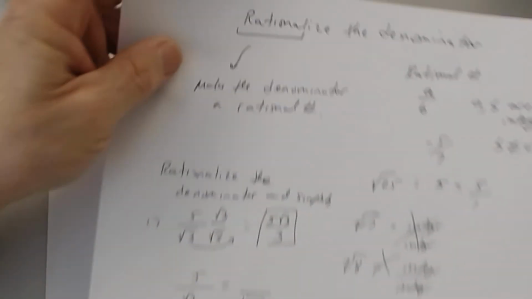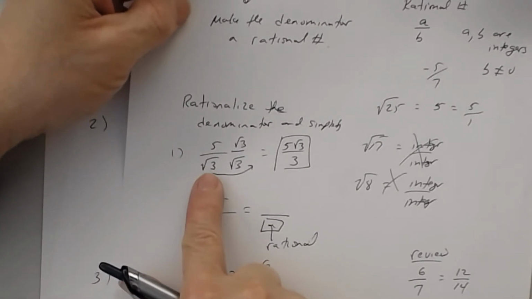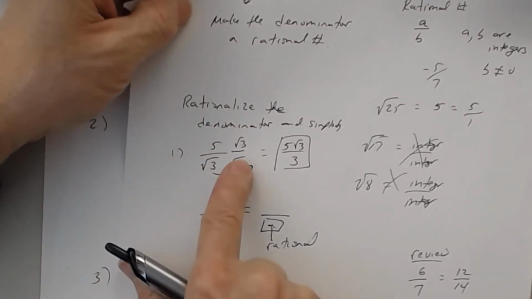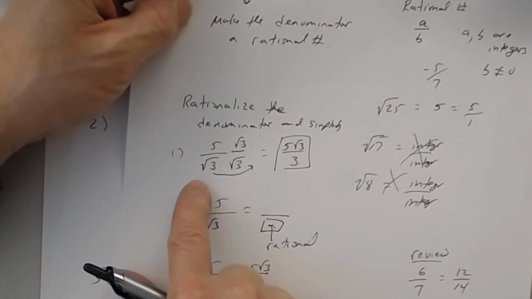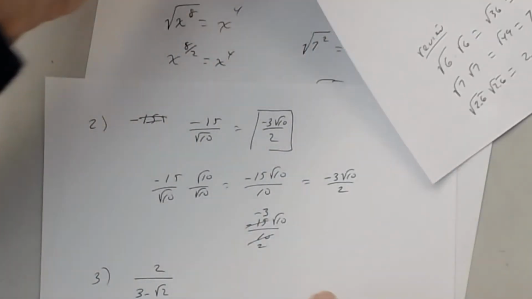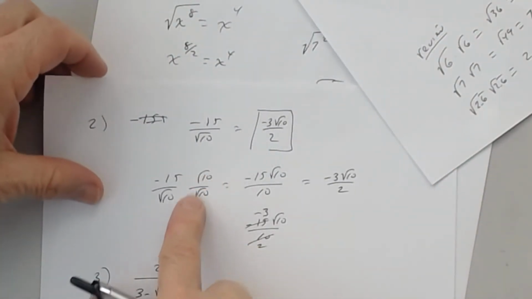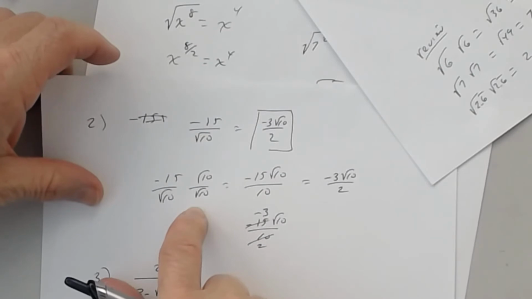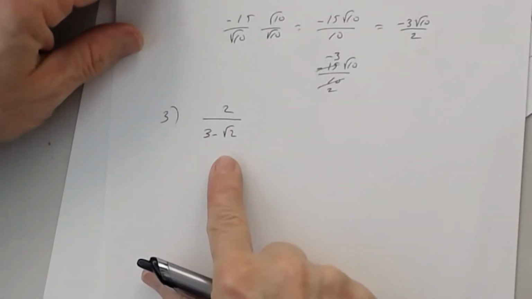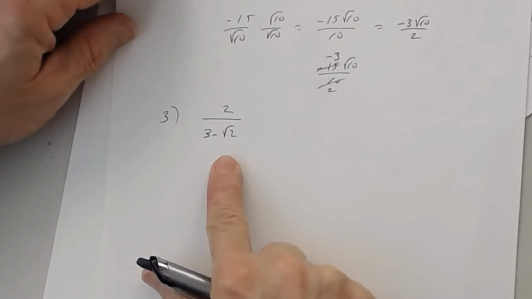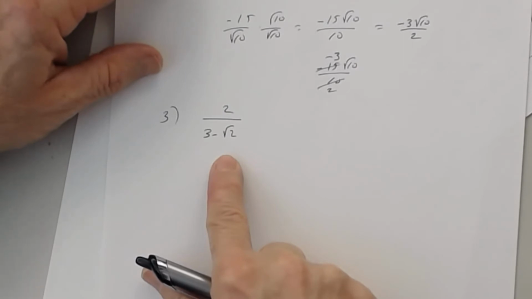In number 1 the denominator was the square root of 3, and all we did to rationalize was multiply numerator and denominator by the square root of 3. The same thing when we did the square root of 10. We multiplied both numerator and denominator by the square root of 10. Now, he sees the square root of 2, and so he wants to multiply both numerator and denominator by the square root of 2. What's going on?